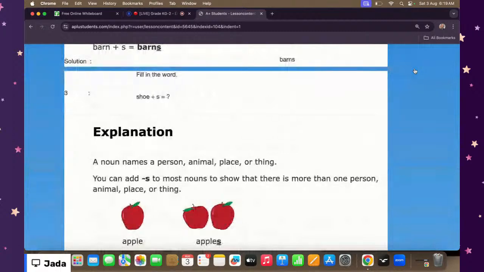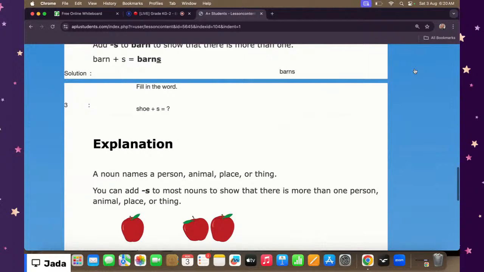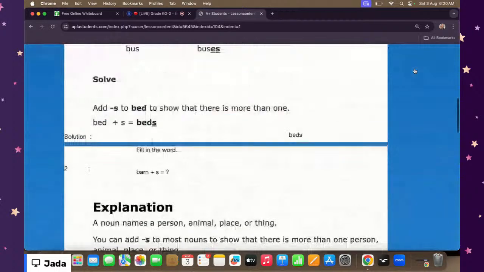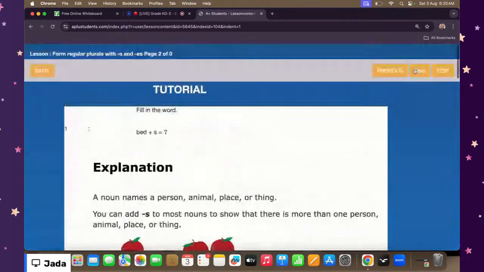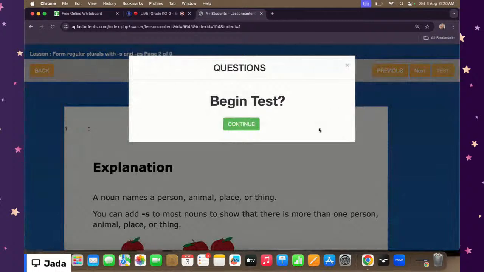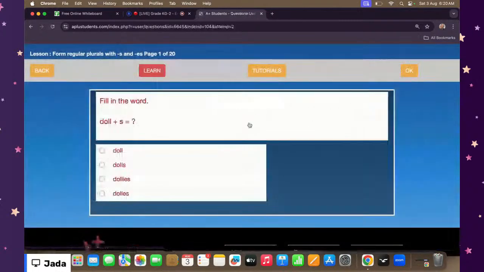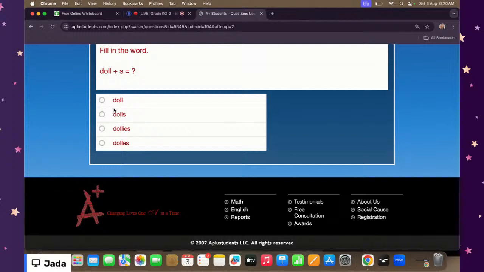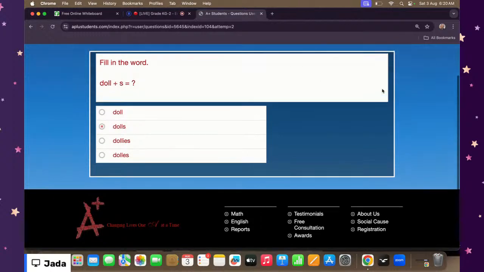Okay, now fill in the word. Doll plus s is what? Dolls. Doll plus s gives us dolls.